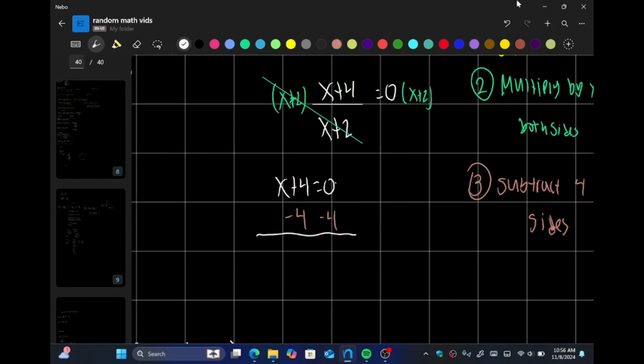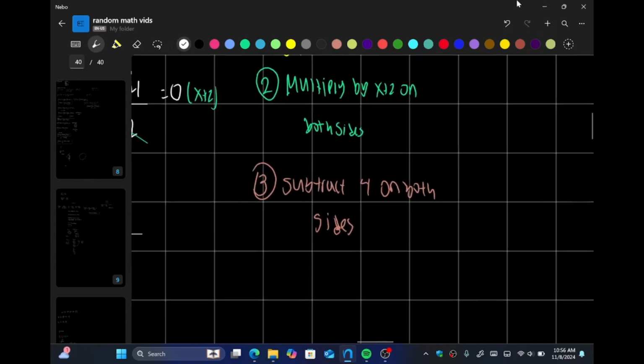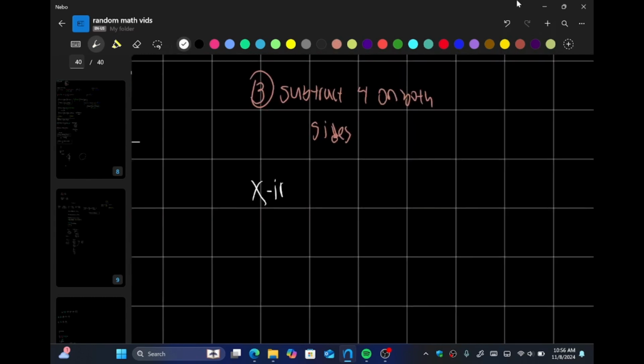Okay. And now, here's the thing, guys. The x-intercept as a coordinate is negative 4, 0.